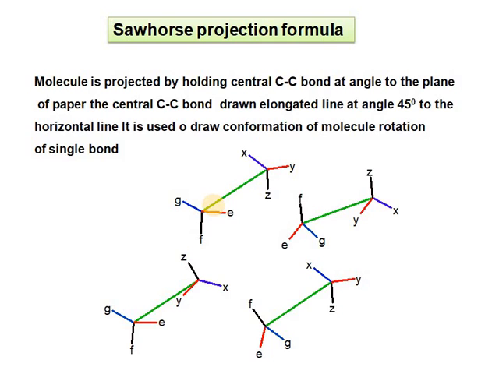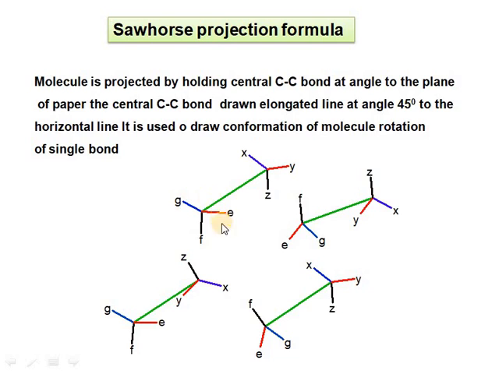The central bond is clearly visible and hence useful to represent the stereochemical reactions. For example, in this formula there are three different groups X, Y and Z, similarly G, F and E. So these bonds we can rotate like this.